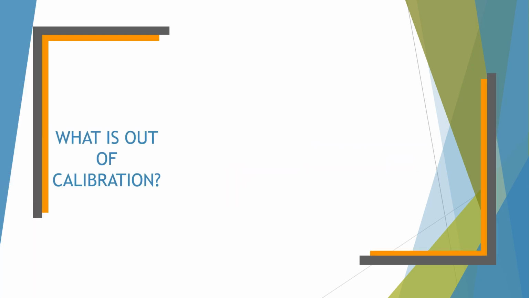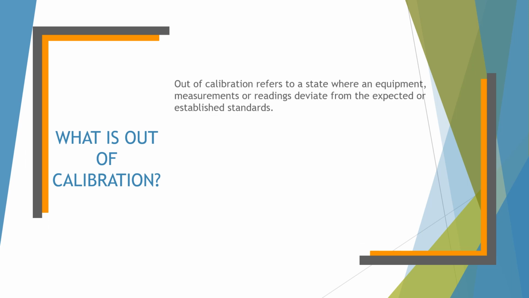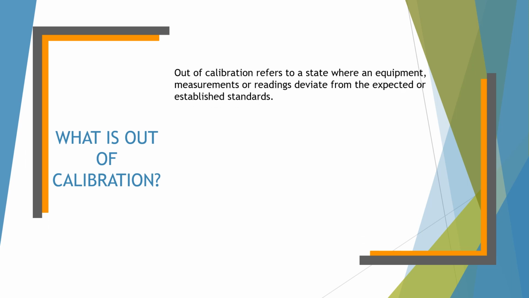Now in this slide we will discuss what is out of calibration. Here is a simple definition. Out of calibration refers to a state where an equipment's measurements or readings deviate from the expected or established standards, right?